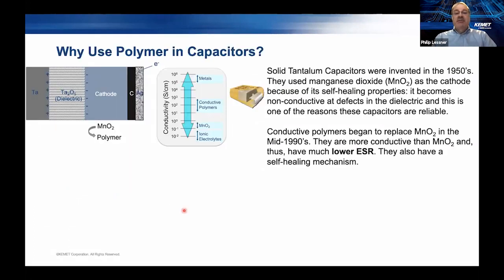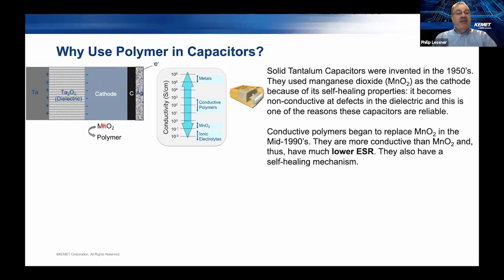So why use polymer in capacitors? Traditionally, let's talk about the tantalum capacitors to start out. Tantalum capacitors have a tantalum anode, a tantalum pentoxide dielectric, and traditionally the cathode material was manganese dioxide, which was then overcoated with carbon and silver paste to make contact to the outside world.